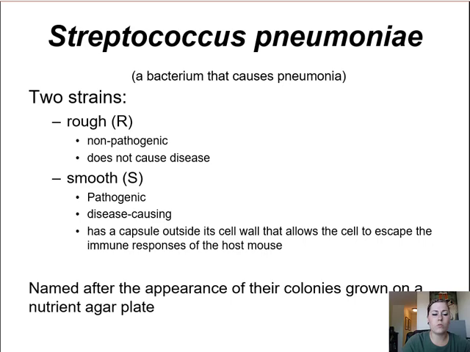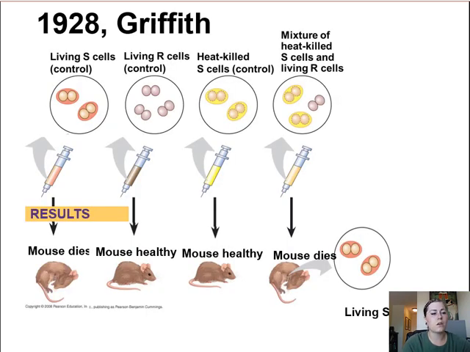He also had a smooth strain, which was pathogenic, and it did cause the disease. It also had a specialized capsule on the outside of its cell wall that helped it avoid the immune responses of the host mouse.